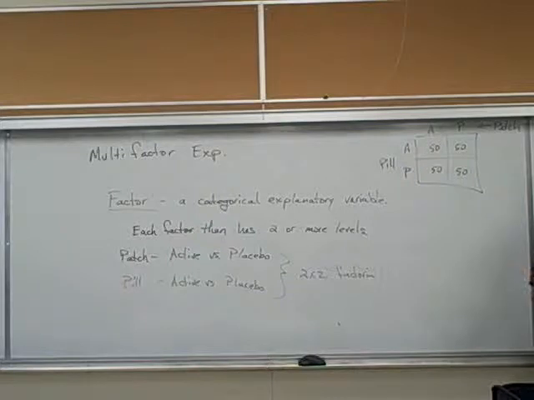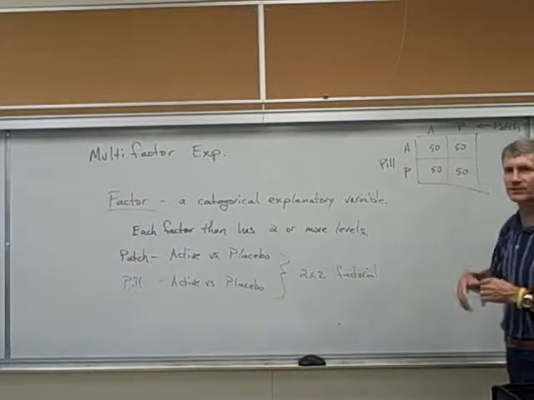They get both factors, both treatments. These 50 people, they get an active pill, but they don't get any nicotine patch. They get a placebo. These poor people, what do they get? Nothing. They get placebo of both of them. Placebo, placebo. Well, this is called a factorial design.